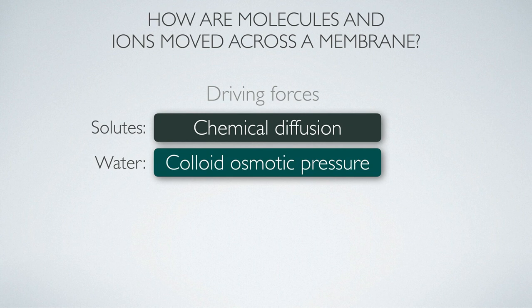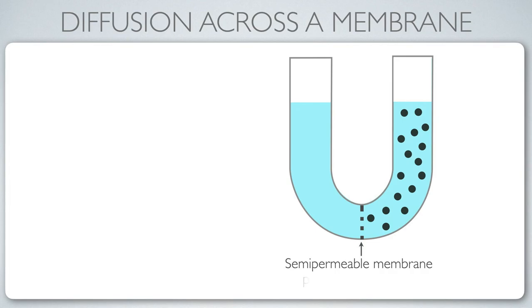Next up is water. And in particular, we're interested in osmosis. So we have this funny word colloid in front of osmotic pressure. Let's think about that. So we're going to return to our little thought experiment here. Again, we have a semi-permeable membrane, but in this case, our membrane is not permeable to the substance in solution on the right-hand side, but it's permeable to water.